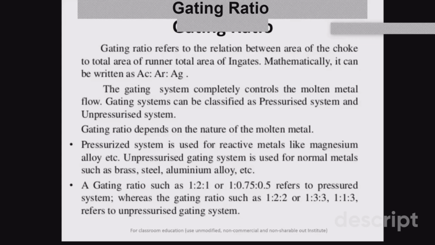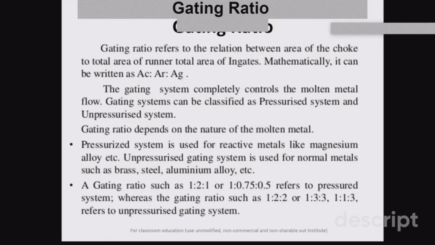A gating ratio such as 1:2:1 or 1:0.75 to 0.5 refers to the pressurized system. Here you see the area of the choke, runner, and the gate is getting reduced, while a gating ratio of 1:2 or 1:3 or 1:1:3 refers to the unpressurized gating system.